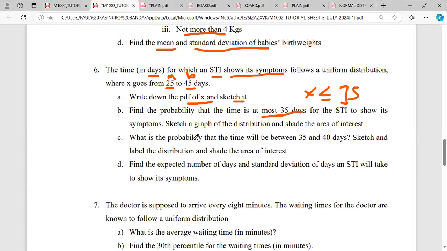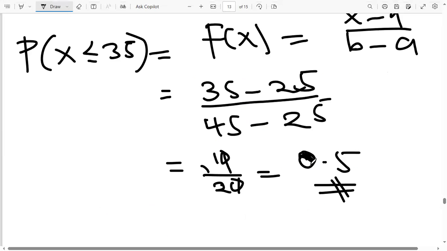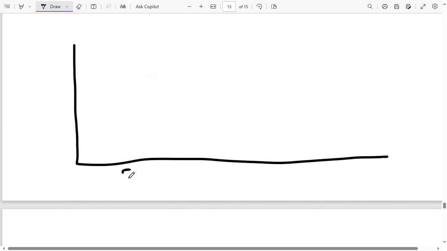Let's sketch, since they said we also sketch. So this is the probability here, 0.5. How can we show it on the curve? Remember the curve that I had drawn. It had 25 here and then 45 somewhere.